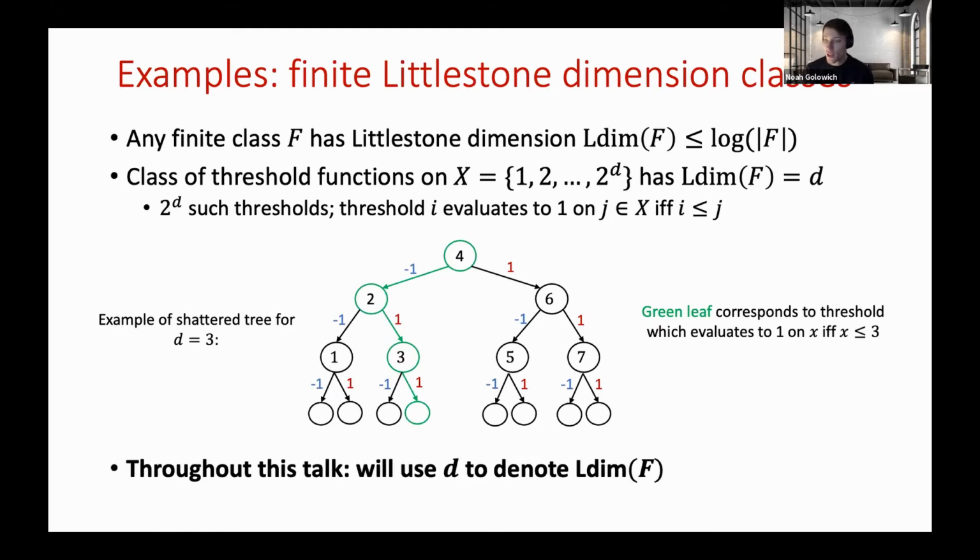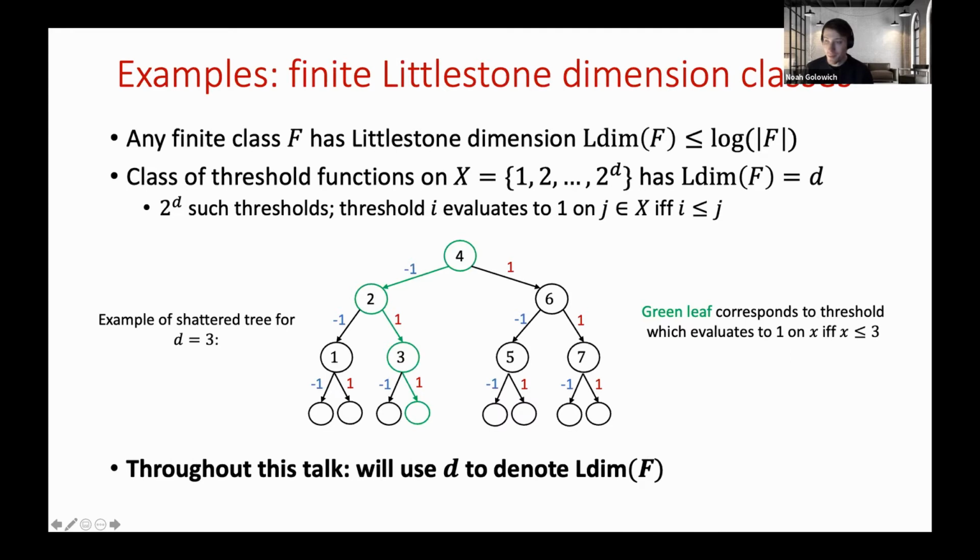Well, one way to see this is by looking at the binary search tree for the domain of integers from 1 to 2 to the D. So here's an example for D equals 3. I'm showing a tree which has 7 internal nodes labeled by the integers from 1 to 7. And this is shattered by the class of thresholds on the integers from 1 to 8.